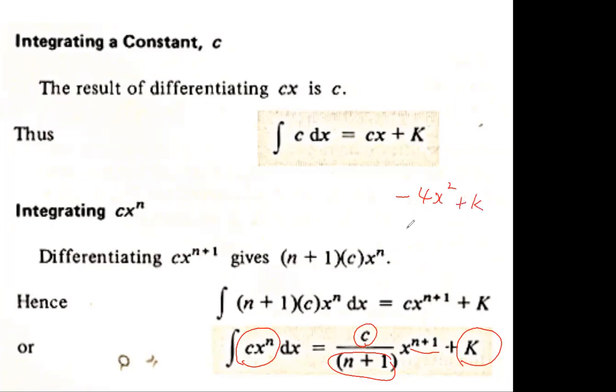So I might very well write this as k minus 4x squared. The pen is skipping today. One day it's blotting and one day it's skipping. So I'll write it like this. It looks nicer that way, doesn't it?